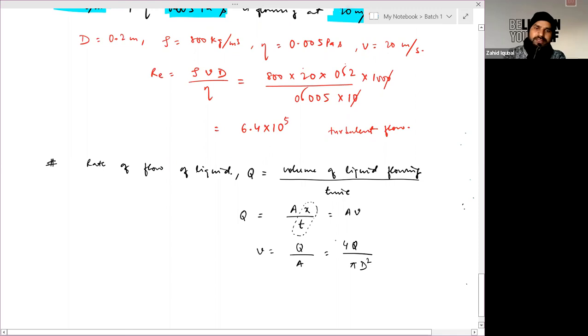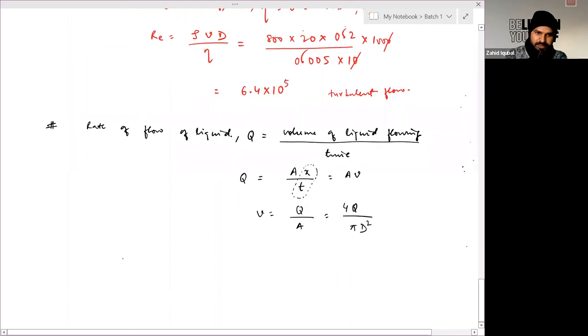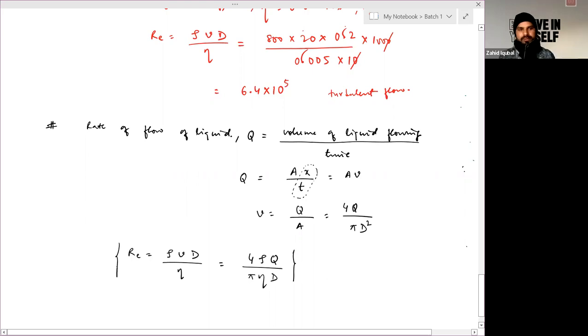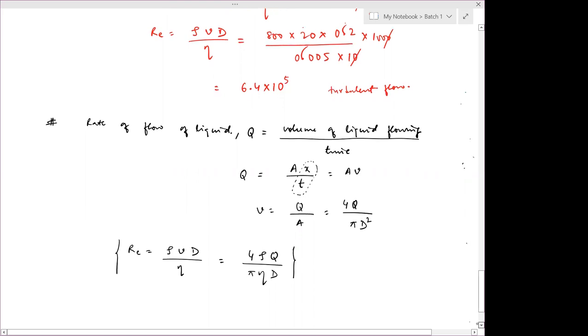So by putting this velocity in the above expression, you will get the Reynolds number rho V D divided by eta equals 4 times rho into Q divided by pi eta D. So this will be another expression of calculating Reynolds number in terms of rate of flow of liquid Q. Hamza, is it clear? Yes, sir.